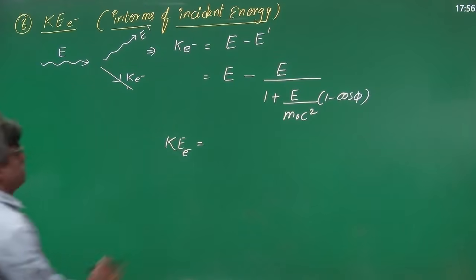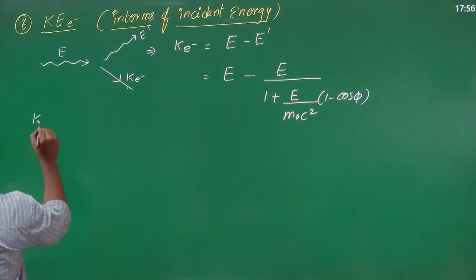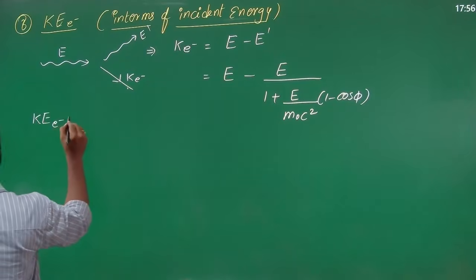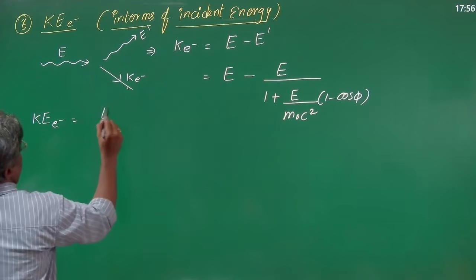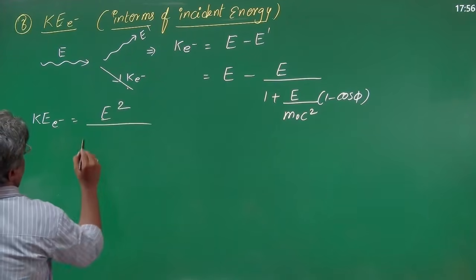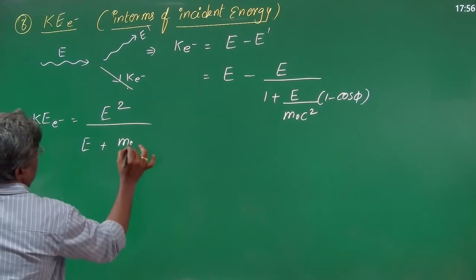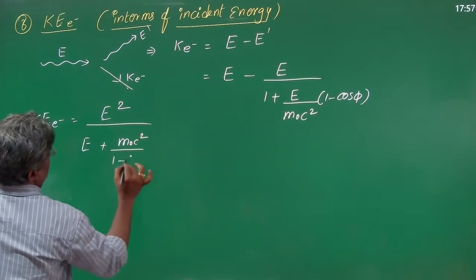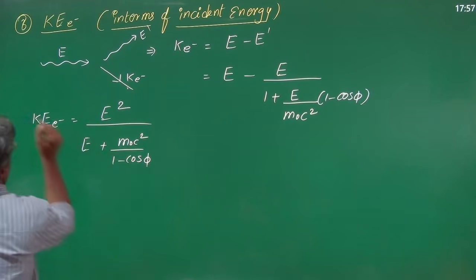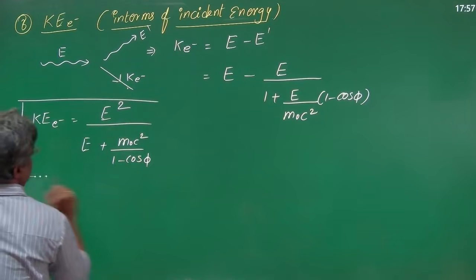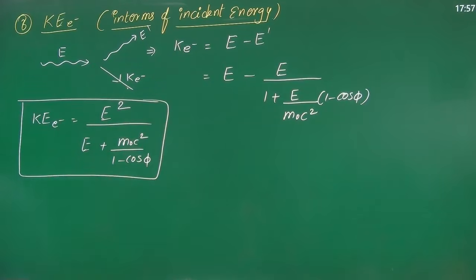I will write the answer, check whether you got this or not. This is E square by E plus m naught c square by 1 minus cos phi. If you get this, good in mathematics. Simplification. Nothing, just LCM.